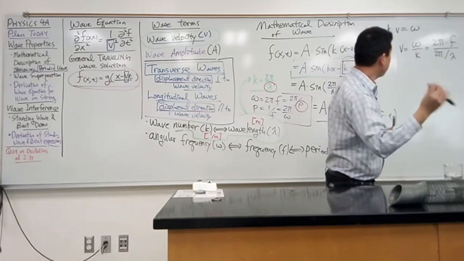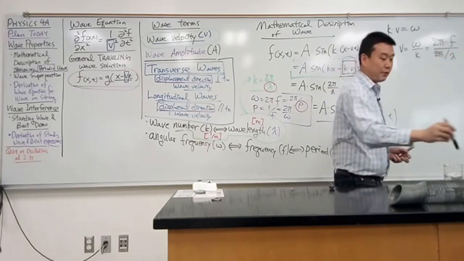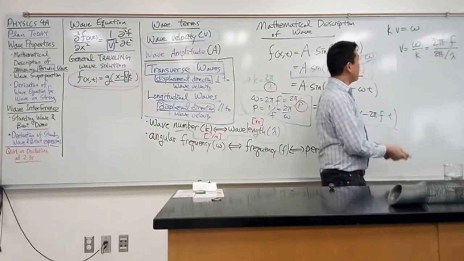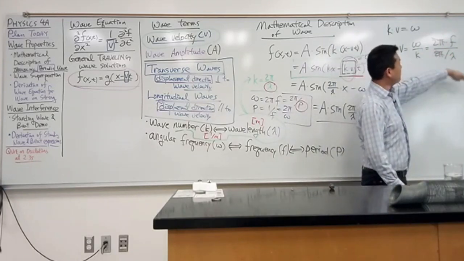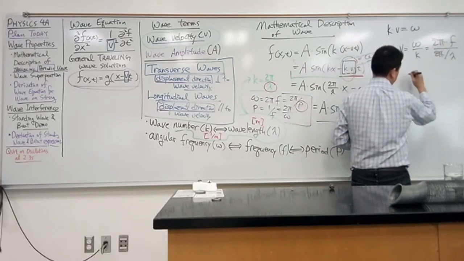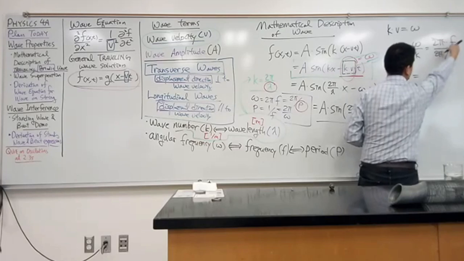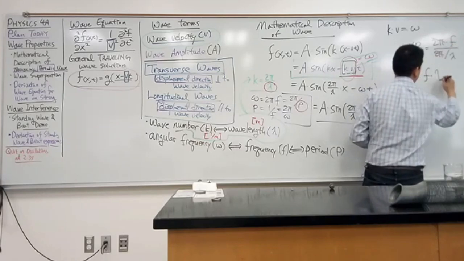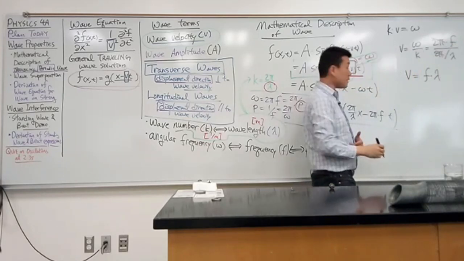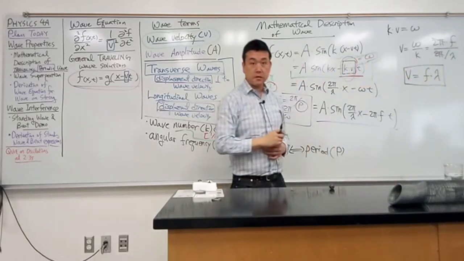So these 2 pi's cancel out. That's nice. I don't want to be writing 2 pi's all the time. And so 1 over lambda goes back in the numerator. So we get wave speed V is equal to frequency times the wavelength lambda. This is one of the most important relationships.